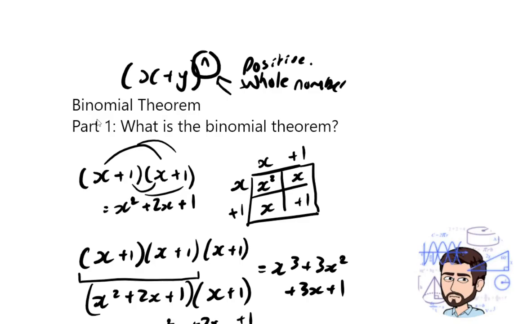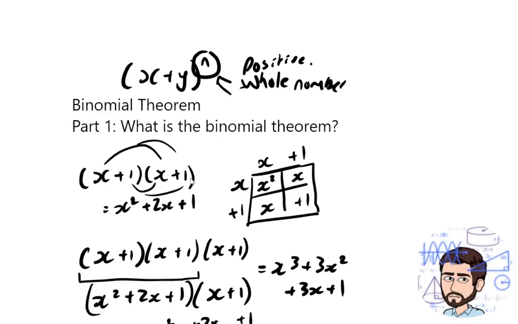For GCSE Further Maths students, they just need to know the idea that the binomial theorem can be used for anything that is a positive whole number power and two terms in the bracket. If there were more than two terms, the binomial theorem wouldn't work, unless you can simplify it to two terms, then you could use the binomial theorem.